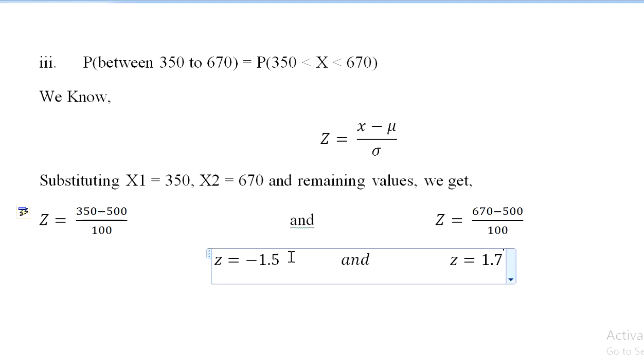Obviously, two decimal numbers तक लिखना है तो minus 1.50 and 1.70. So ये दो values हैं.